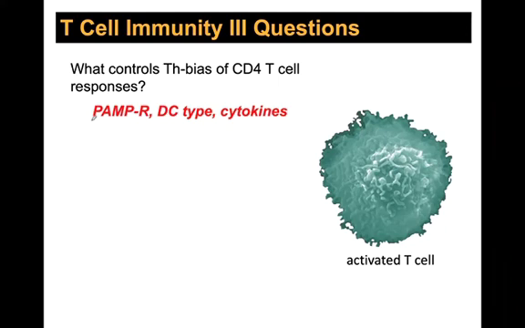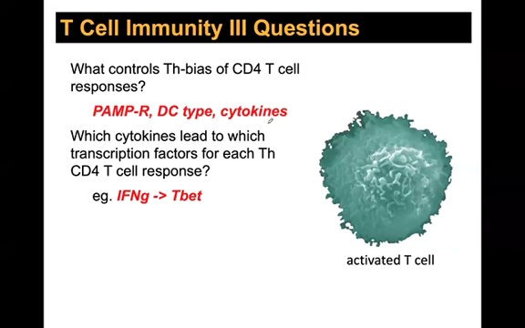So what's the initial T helper bias of the response? Well, it's what PAMP receptor is recognizing it, the dendritic cell type, which influences which kinds of co-stimulatory signals are there, and what cytokines are being made that influence the T cells.